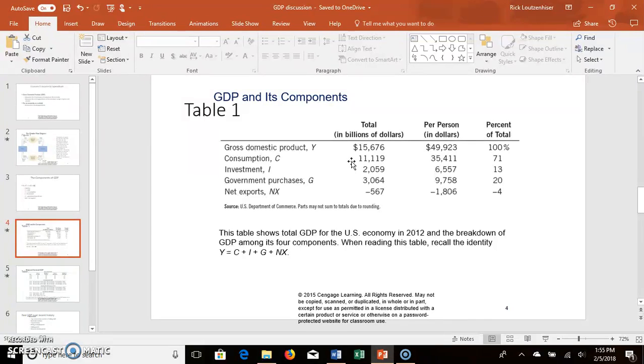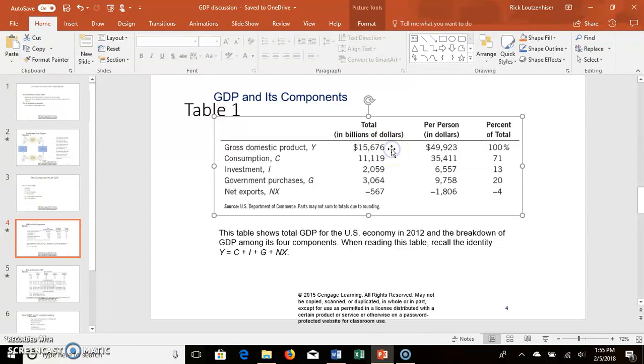That's us spending our money buying goods and services. 2 trillion of it is investment made by companies buying equipment and buildings. The government comes in and buys 3 trillion, and our net exports were negative, which means we exported less than we imported. And that added together, these numbers down here added together equal 15,676.